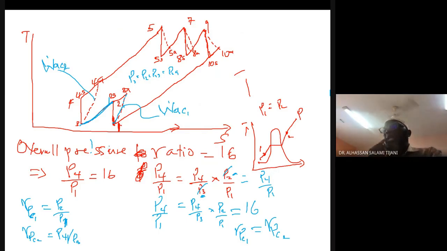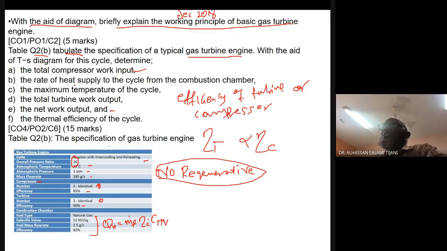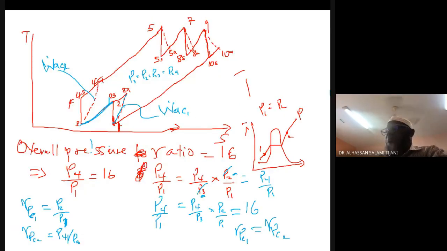So that's the total work input to the compressor.